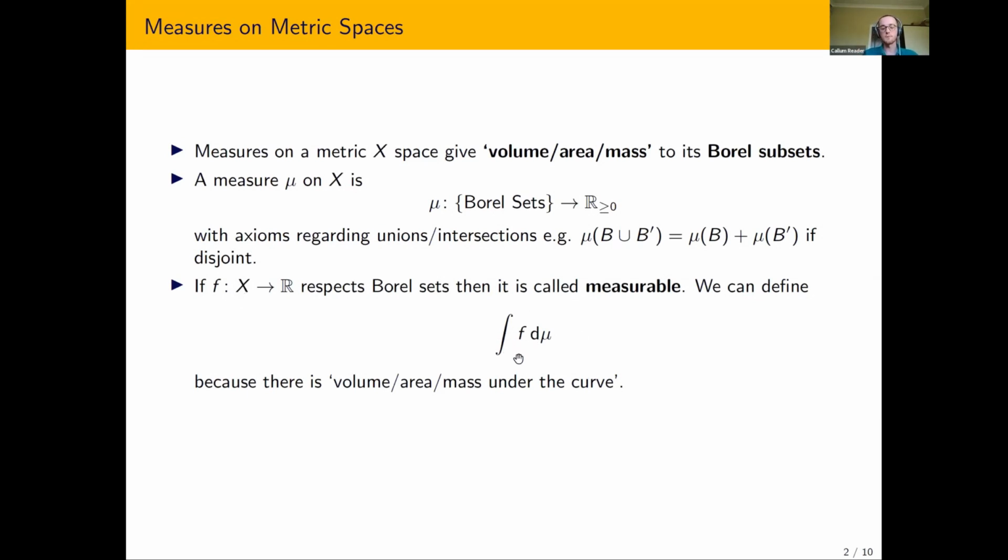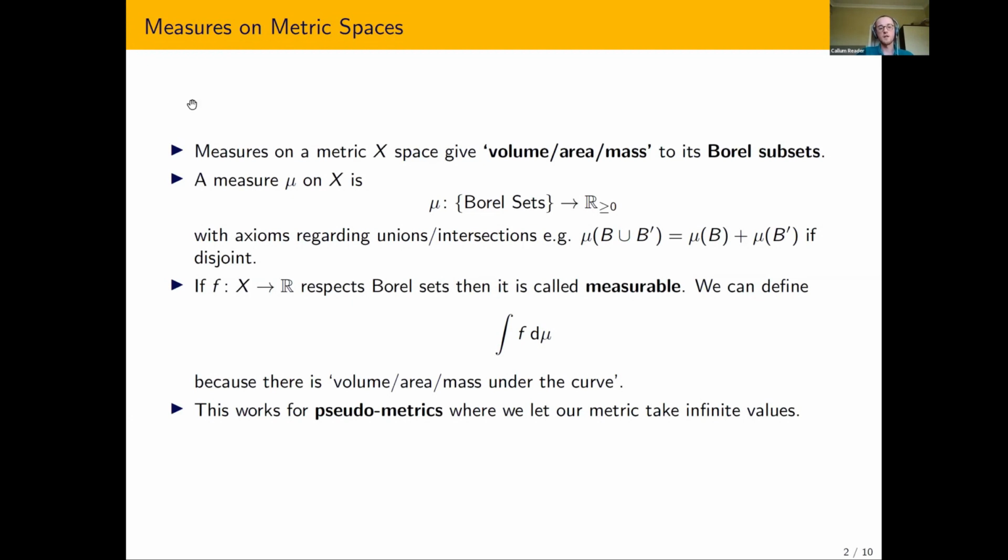And what that means is that we can integrate it, because in some sense there is a volume or an area or a mass under the curve, in the same way as in undergraduate calculus. And you define this by just taking limits of step functions in the same way as you would in undergraduate calculus.